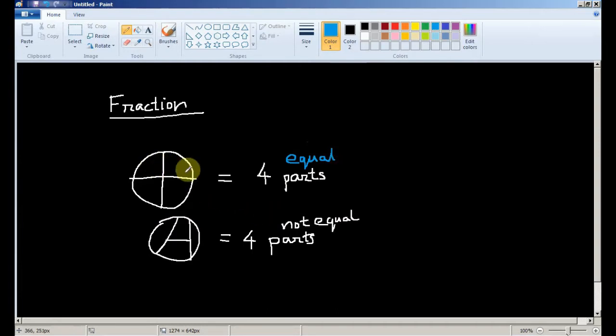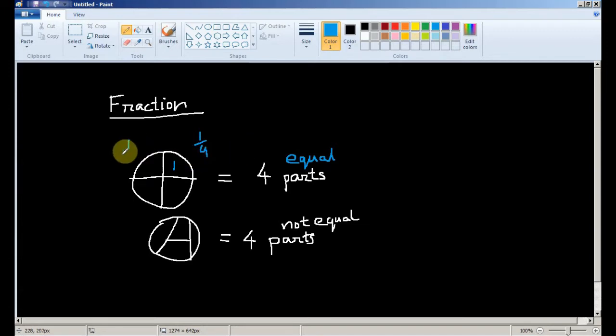But this one is a fair division of pizza into 4 equal parts, and if one person receives a slice, he actually received 1 out of 4. That is what fraction means.